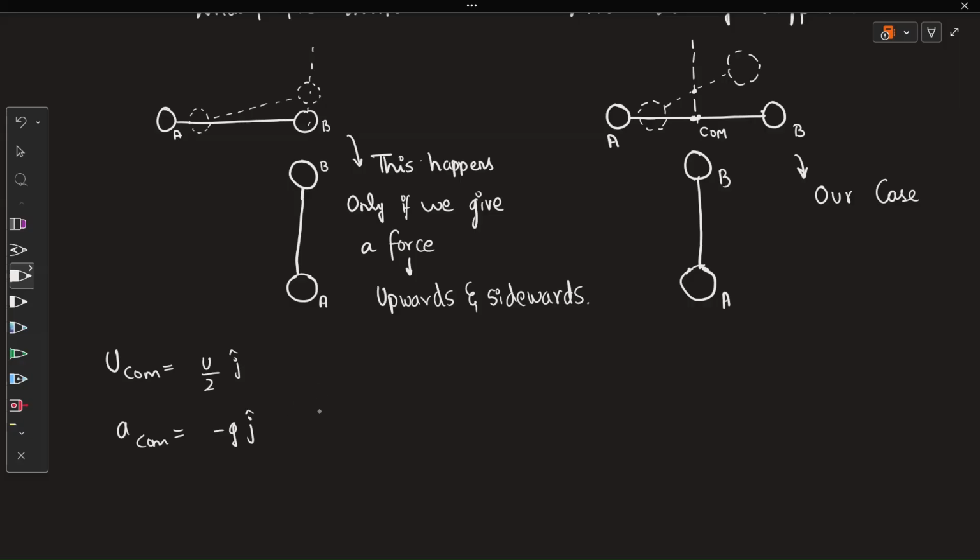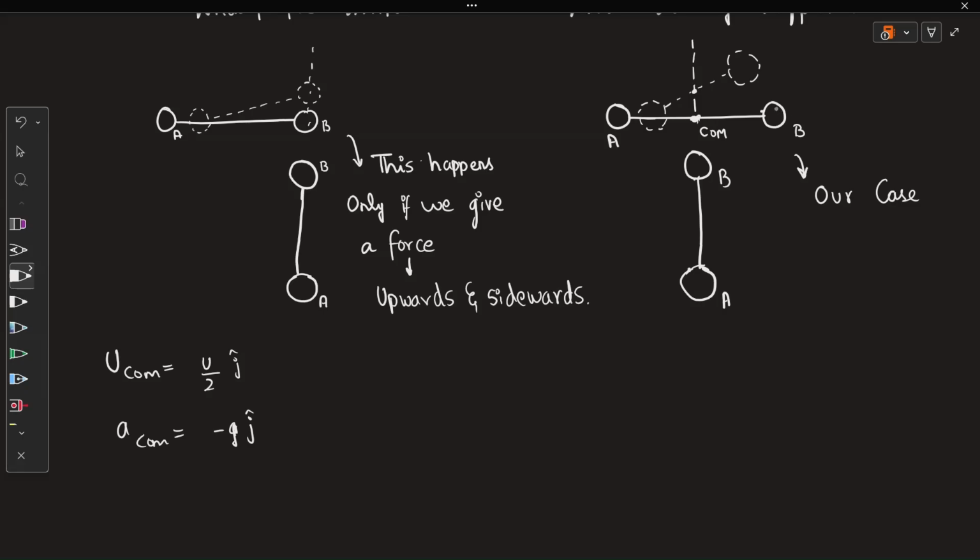Correct? So there is no component of velocity in the horizontal direction, nor acceleration in the horizontal direction. So on the whole, center of mass will only move in the vertical line. It will not move in any horizontal direction. So the center of mass will remain in the same vertical line in all positions.